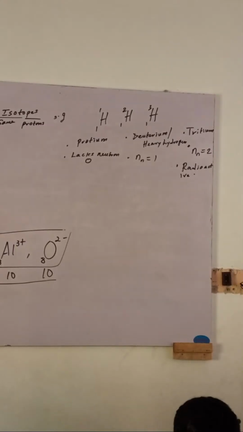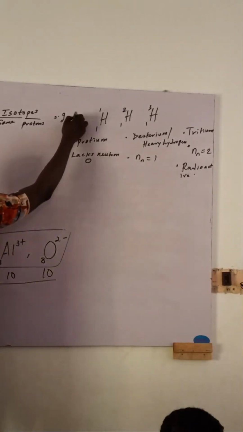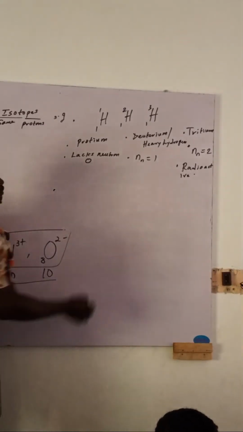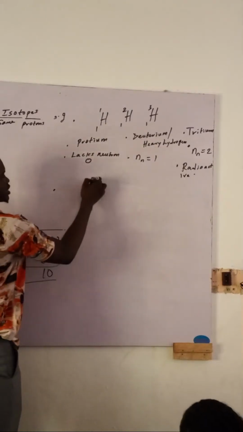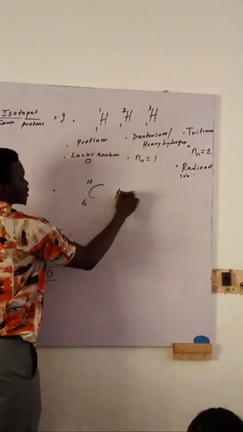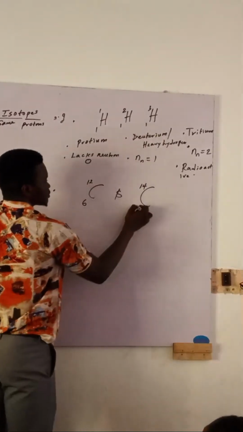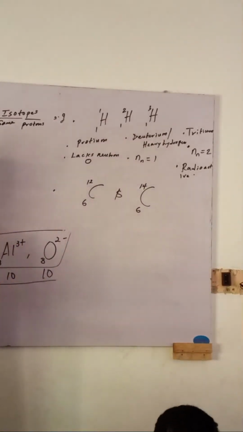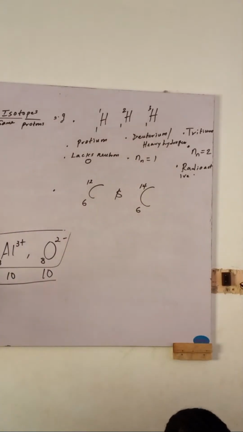Now, another example of isotopes: carbon 12 and carbon 14. They are also isotopes, so they have different mass numbers due to the difference in their number of neutrons.